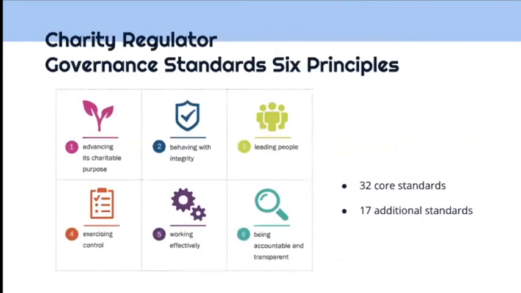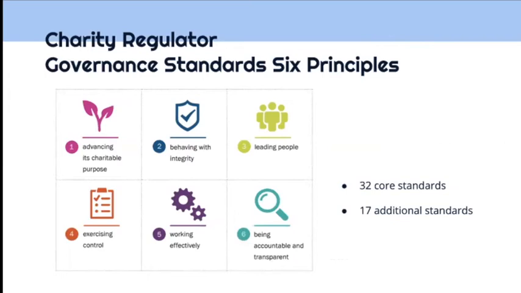So that's a whistle-stop tour of our obligations under the Companies Act and the Charities Act. Once you are a CLG registered as a charity, you must, as I mentioned, comply with the charities governance code, and that's where your compliance record form comes in.